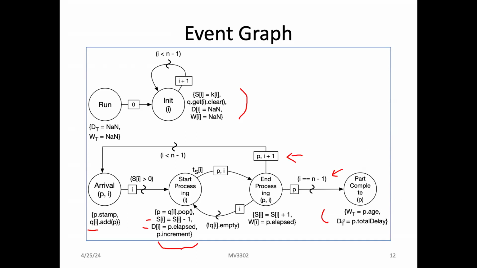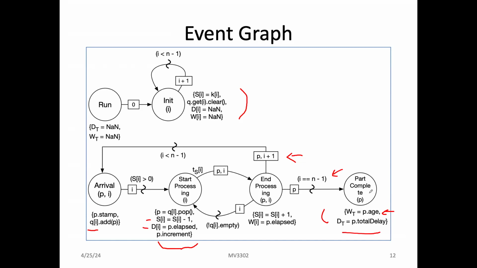And so we can get the total delay in the queue, because we've incremented it in each workstation. And well, what about the total time in the system? Well, that is the age of the entity. Remember, every entity has a creation time and an age.